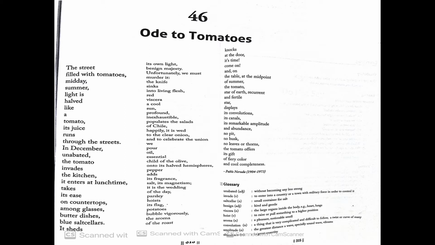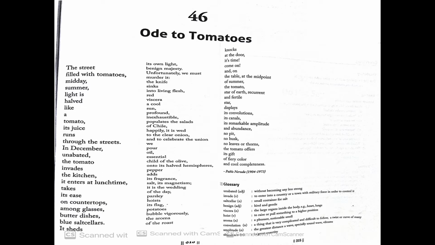Here also we are going to explain these tomatoes in positive way. So it is called ode to tomatoes, means praiseness of tomato, how it is useful, how it is beneficial, we will discuss. Let's see the poetry.